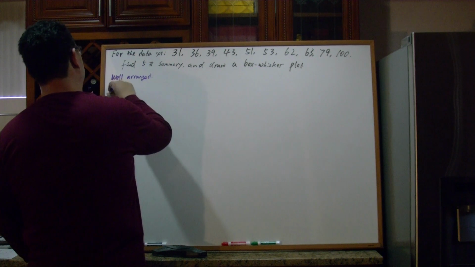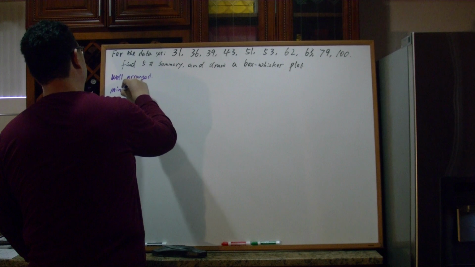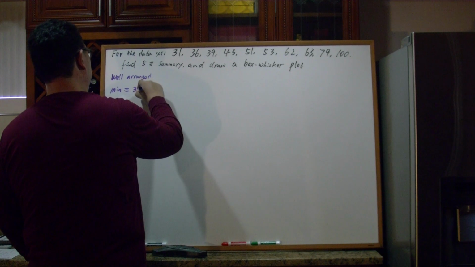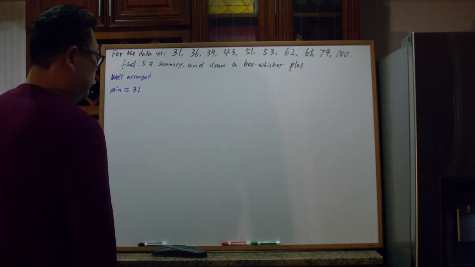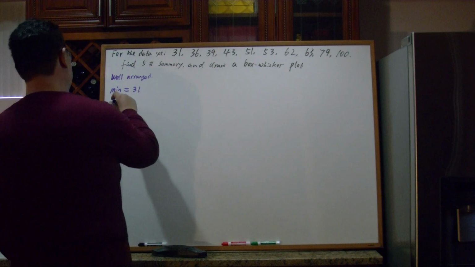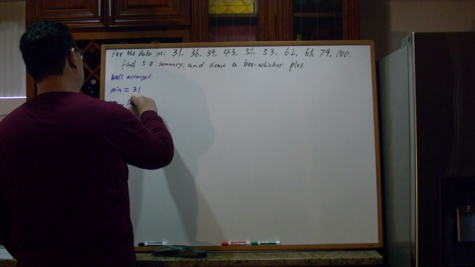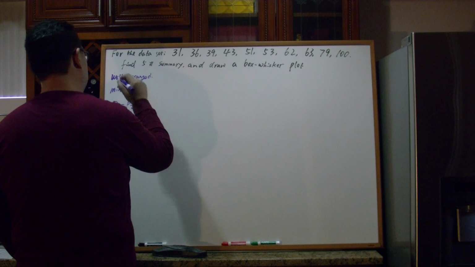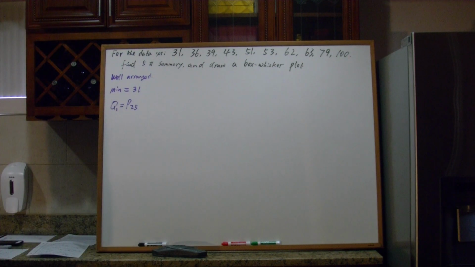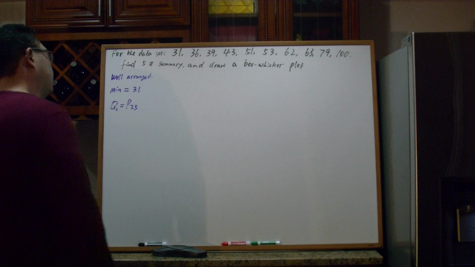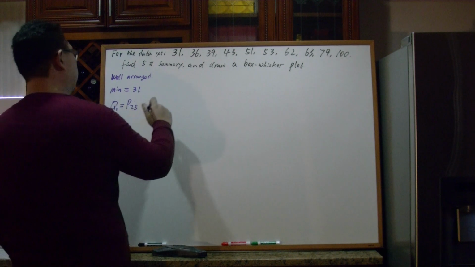It's good enough. Then the minimum is the value 31. That's clear. The Q1, the first quartile, is the 25th percentile, so K is 25.